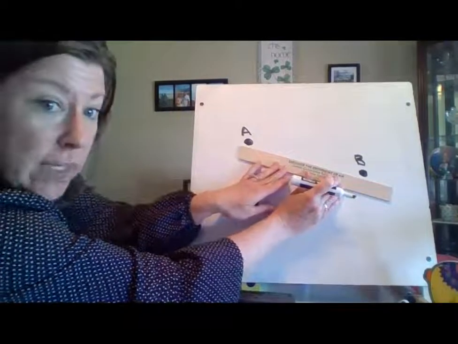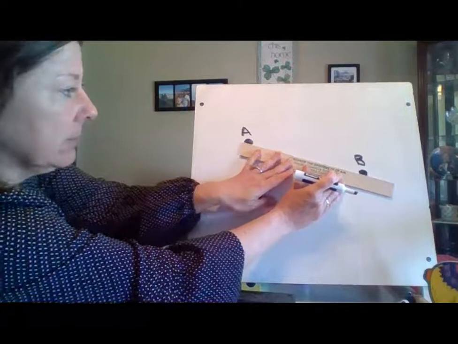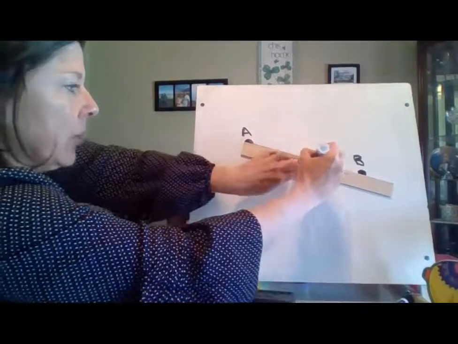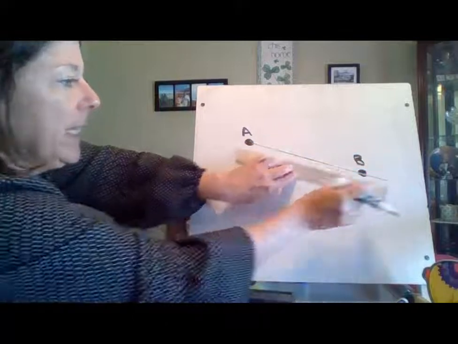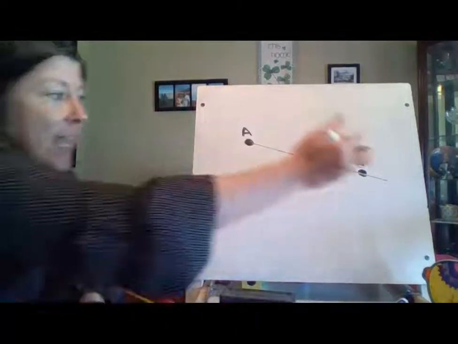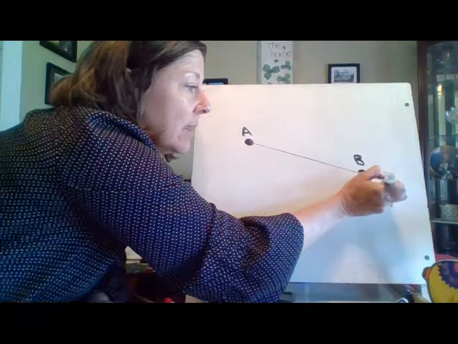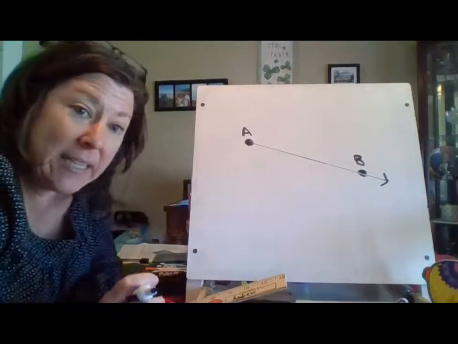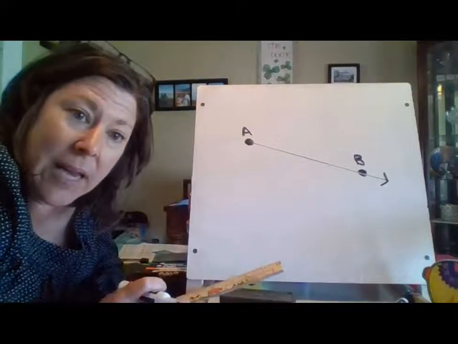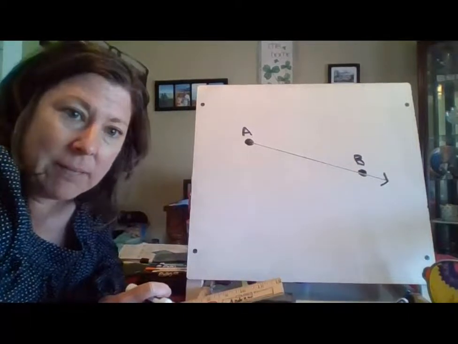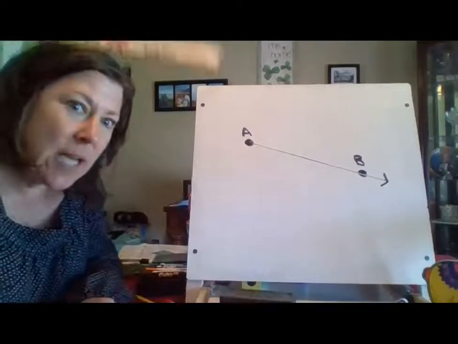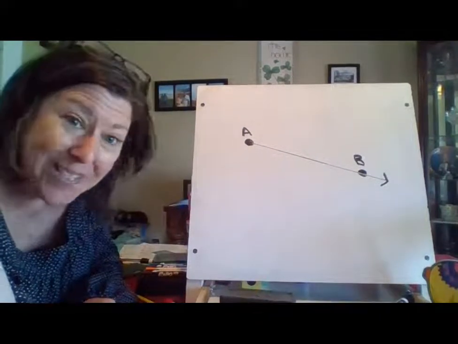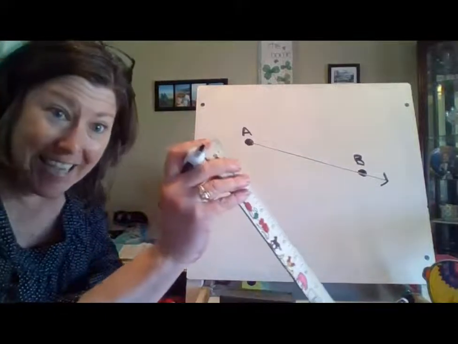So I'm going to start at A, go through B, and then put an arrow because a ray is a one-way street. Think of it like a ray of light from the sun, okay? The rays come down, we don't send them back up. It's only one direction from the sun down to earth.